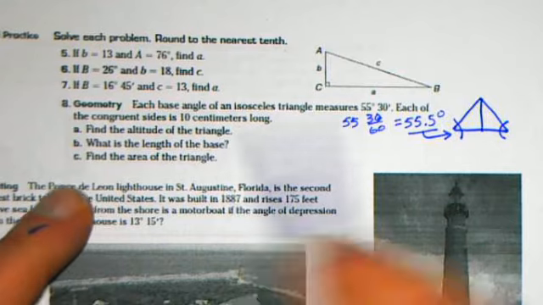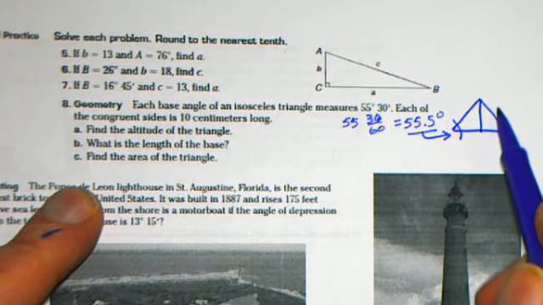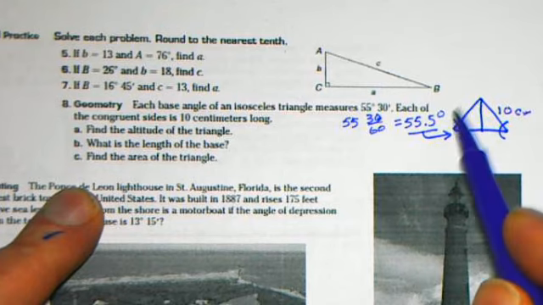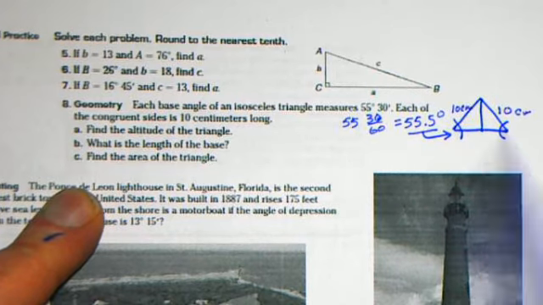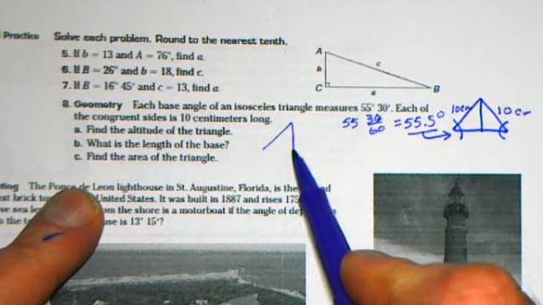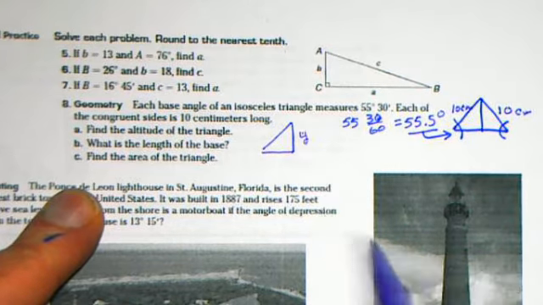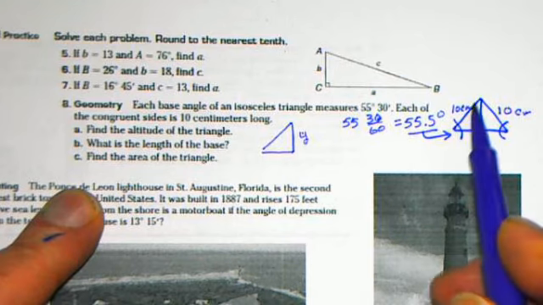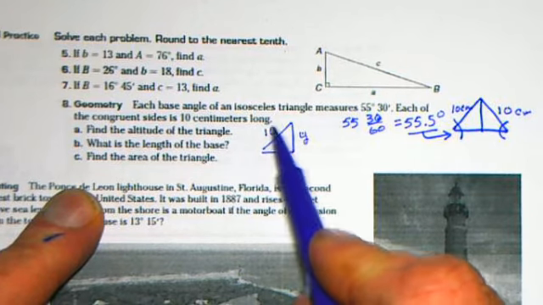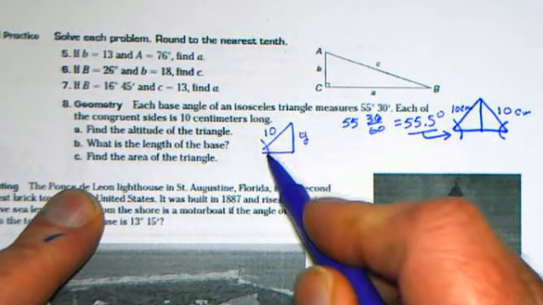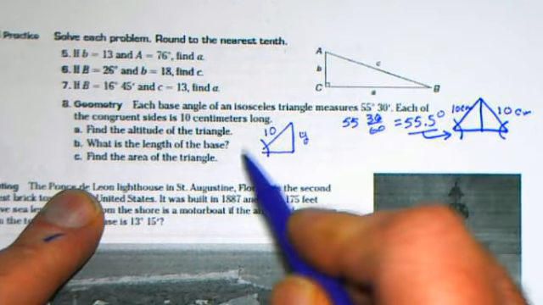And each of the congruent sides is 10 centimeters long. So that gives us a triangle that we can use. We don't know what the altitude is, we'll call that y. If each of the congruent sides is 10 centimeters long, that actually is the hypotenuse, and the base angle is 55.5.